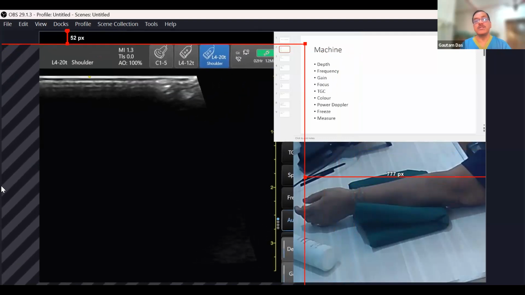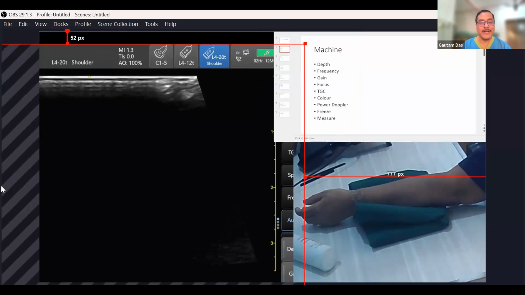Then what is important is the freeze button. Very important. In our OPD, we have the ultrasound machines. We always use them for any patient after our clinical examination, to see any other structural abnormality. And almost every day I scold our fellows, asking why have you not pressed the freeze button?